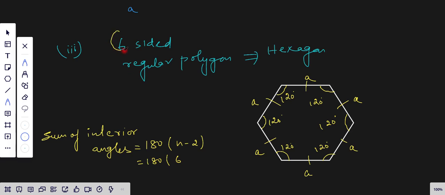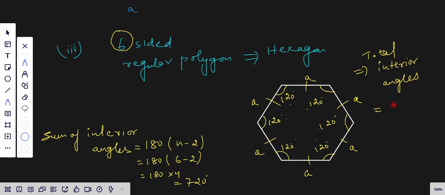So 6 minus 2 is 4, and 180 times 4 equals 720 degrees. Now from this figure, how many 120s are there? 1, 2, 3, 4, 5, 6. So the total interior angle is 120 times 6, and 12 sixes are 72, so 720 degrees. So even this formula is verified from here also.